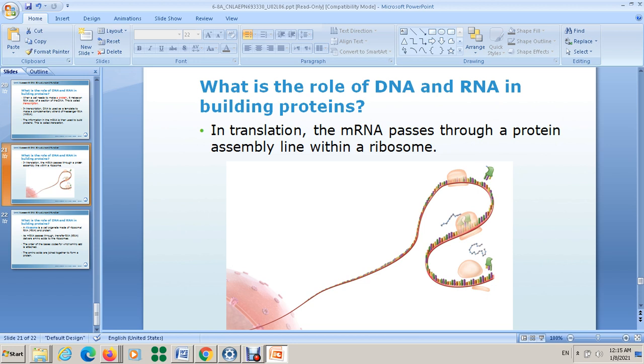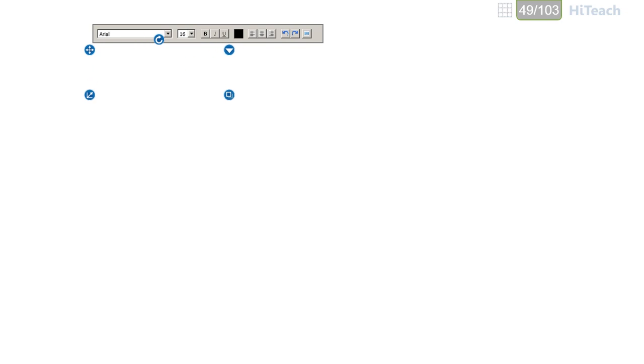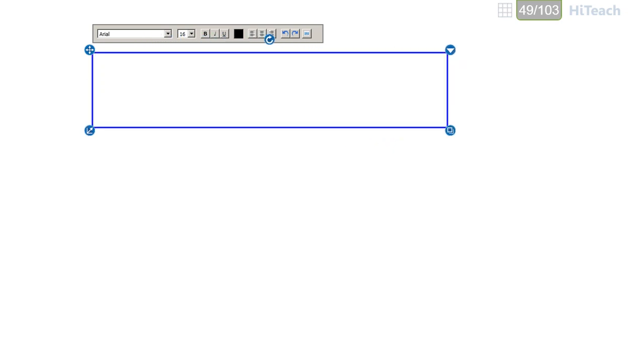This process is translation. So to make a protein, at the beginning the transcription process happens. What is transcription?